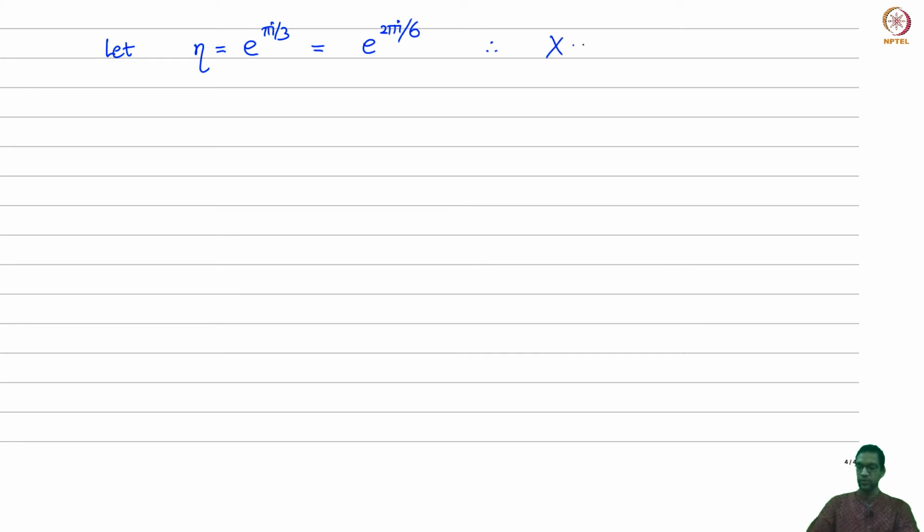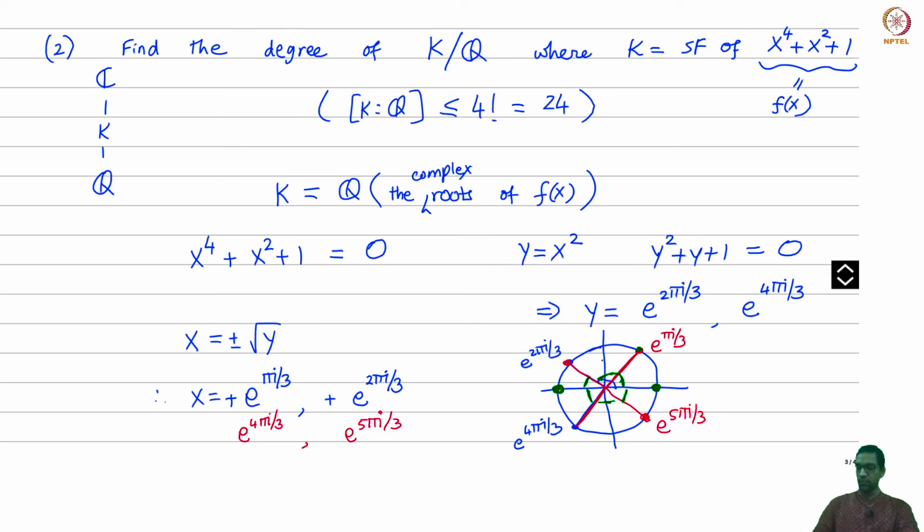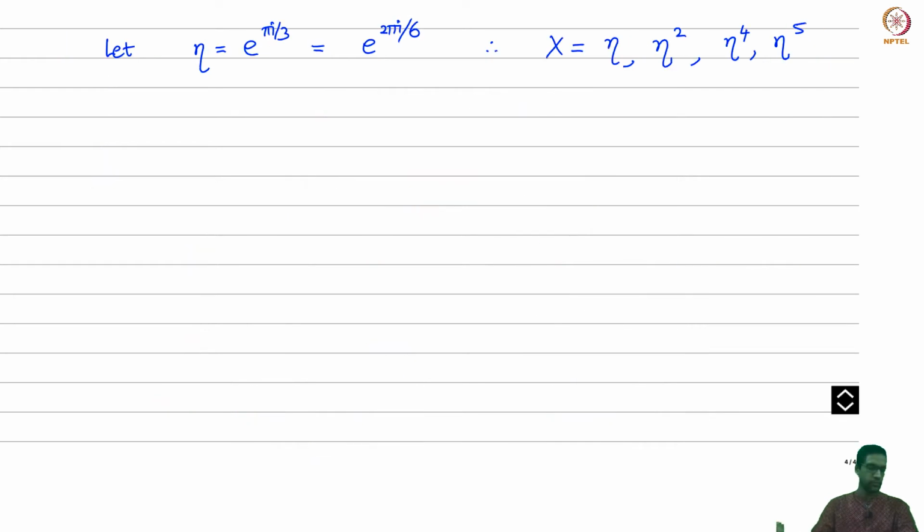Therefore, what are the other roots? They are eta square, eta cube isn't there, instead eta to the 4 and eta to the 5. So the 4 roots that I have here are just eta square, eta power 4 and eta power 5, as you can see directly.